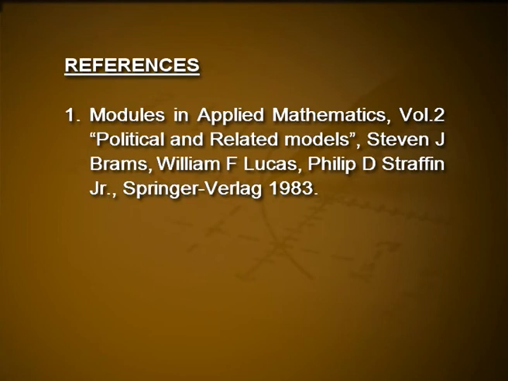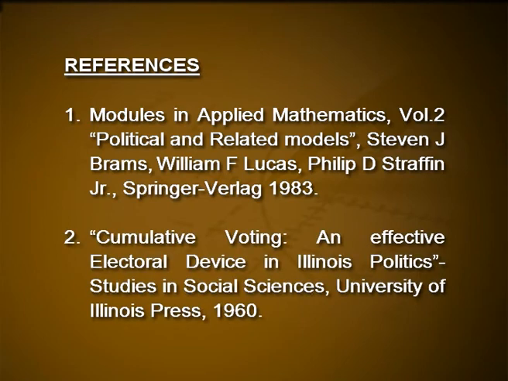Now, here are some references for further reading. First one, Modules in Applied Mathematics Volume 2, Political and Related Models by Stephen J. Brams, William F. Lucas, Philip D. Straffin Jr., Springer-Verlag 1983. Second one, Cumulative Voting, an Effective Electoral Device in Illinois Politics, Studies in Social Sciences, University of Illinois Press 1960.